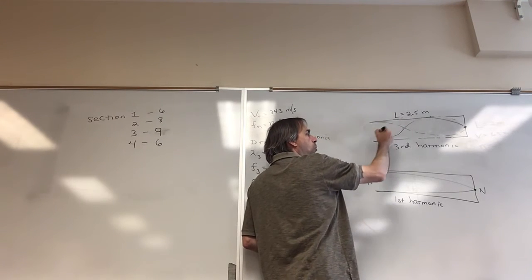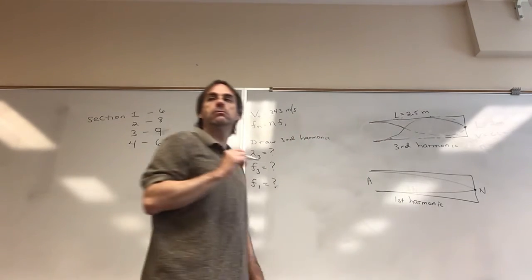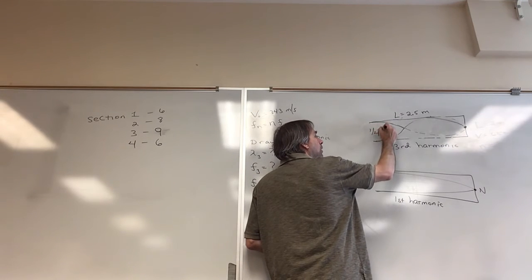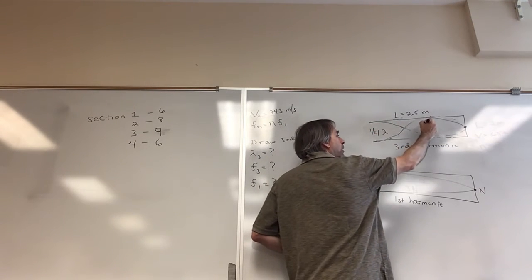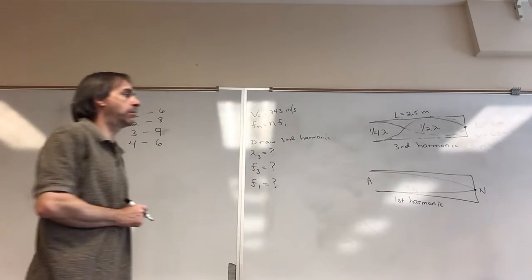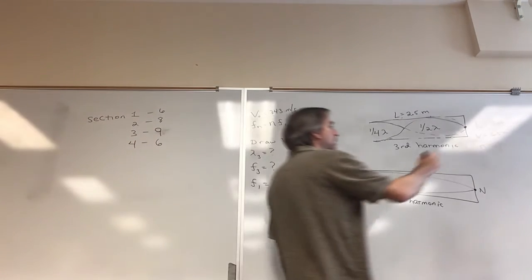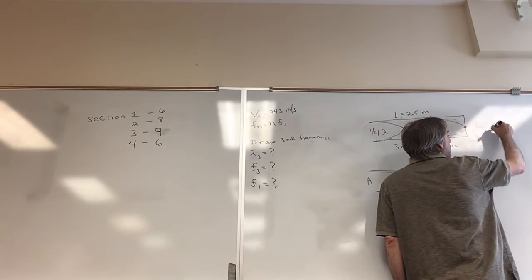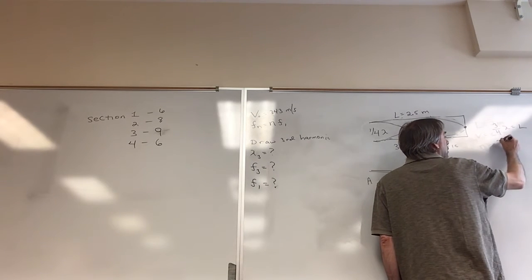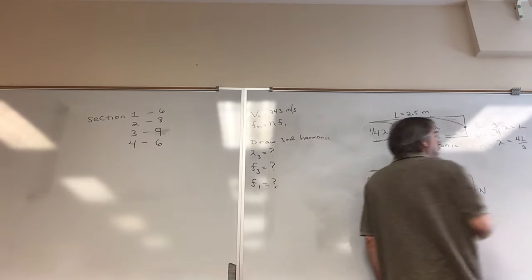No, what part of a wave is just going from an antinode to a node? Yeah, this is a quarter of a wavelength. And going from a node to a node is half a wavelength. So in total, we have 3/4 of a wavelength would be L. So lambda would be 4L over 3.